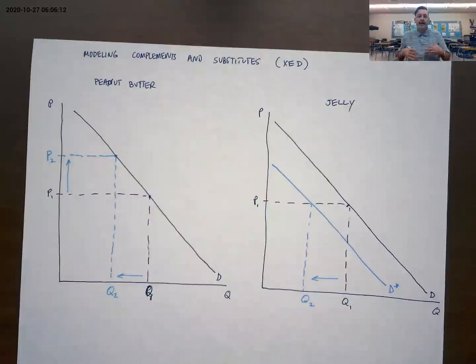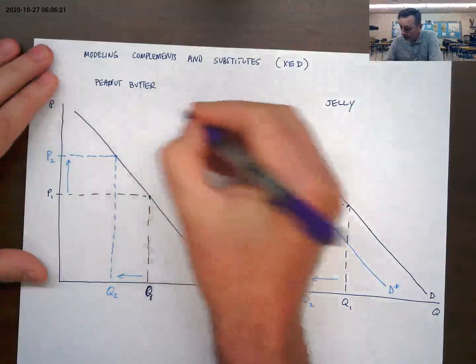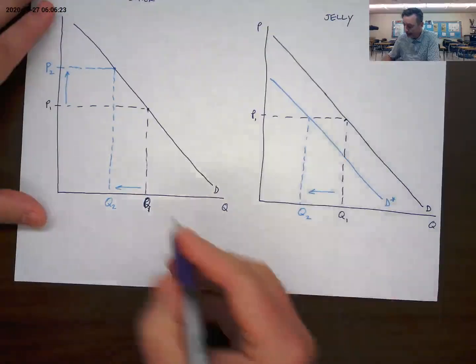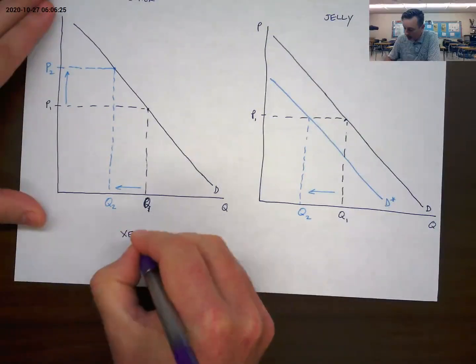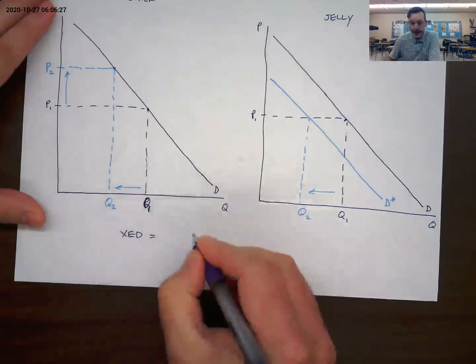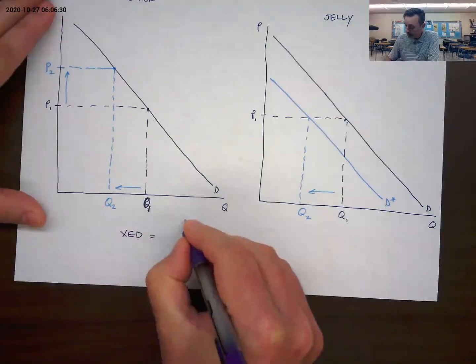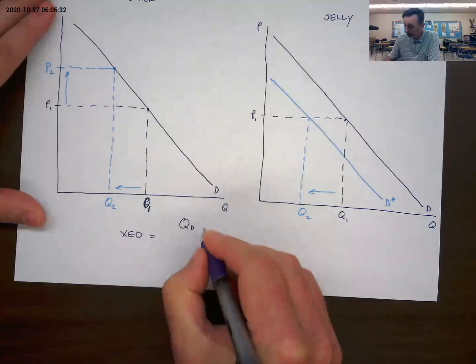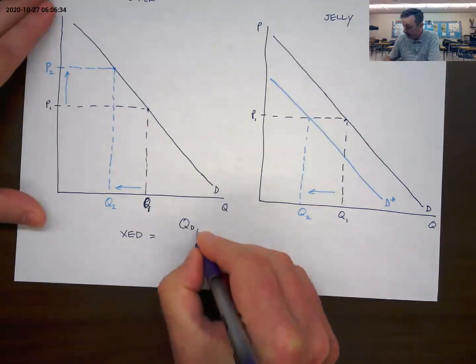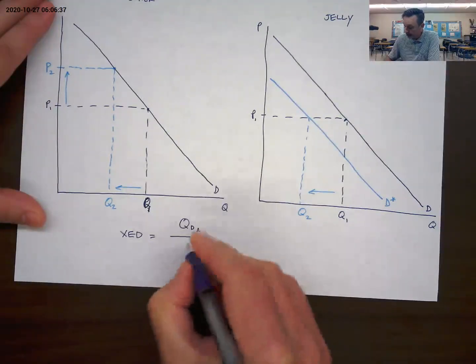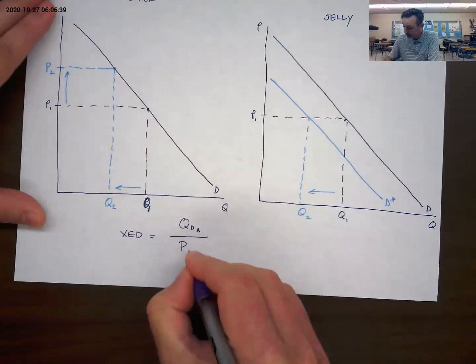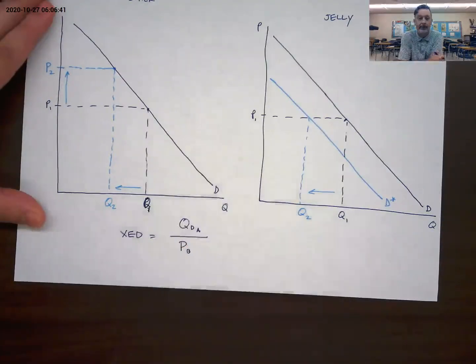All right? So now let's take that and relate it to our world of cross-price elasticity. Our cross-price elasticity wants to show how the quantity demanded for good A changes in relation to the price of good B. That's really what cross-price elasticity is looking for.